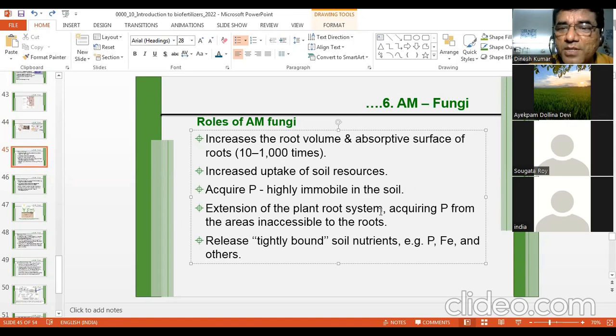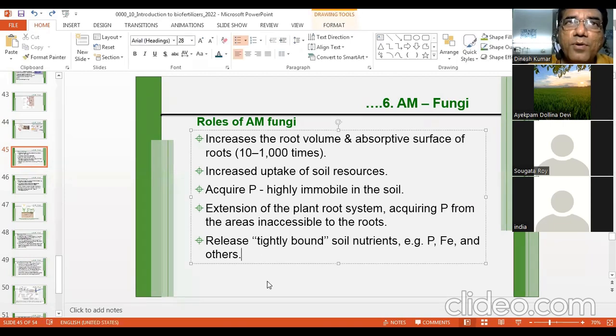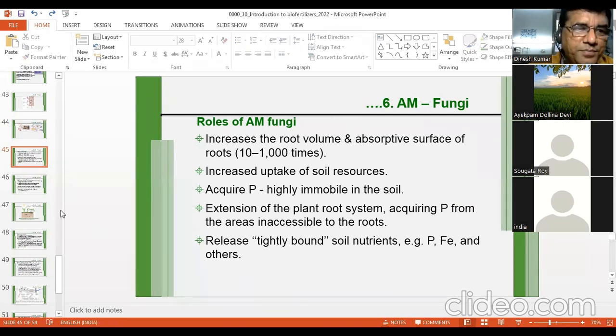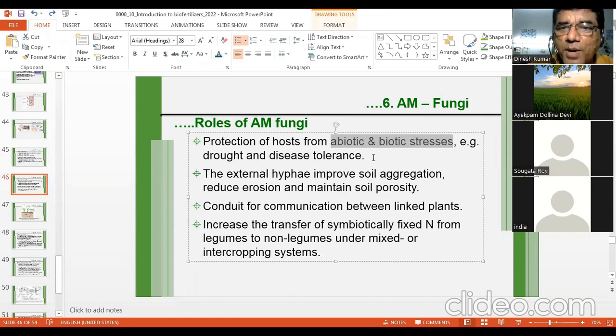They extend the plant root system, acquiring phosphorus from areas which are not accessible to plant roots. So they can go to places where roots cannot go. They release tightly bound soil nutrients, phosphorus, iron, and others, which means they solubilize the nutrients. They also protect the host from abiotic and biotic stresses.